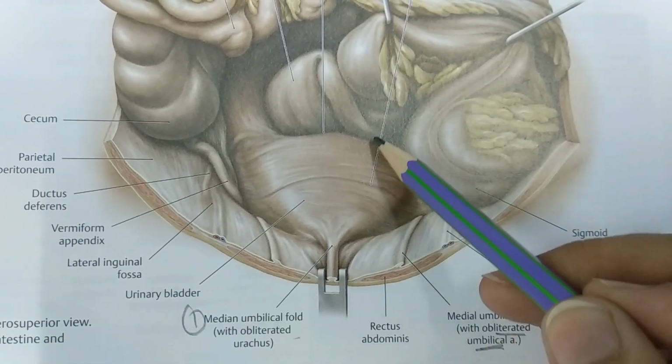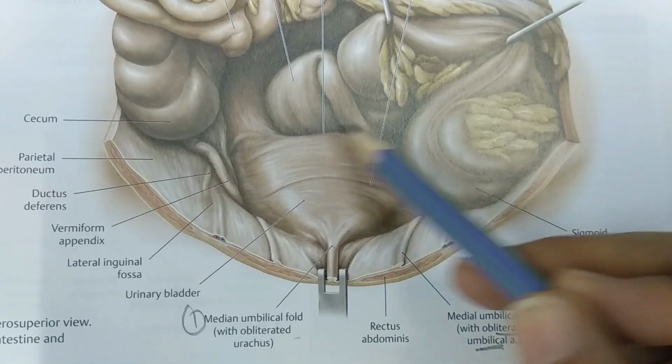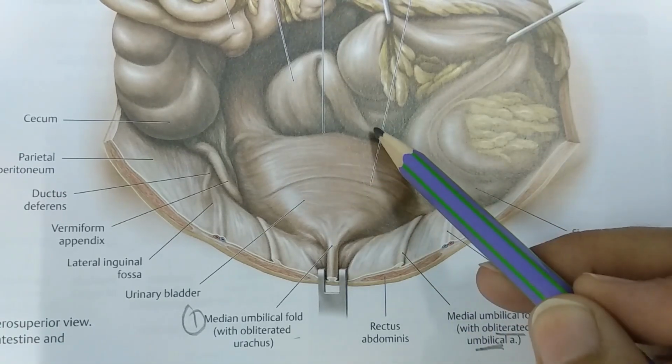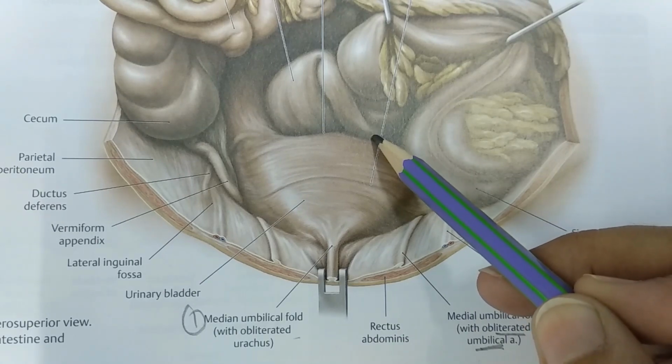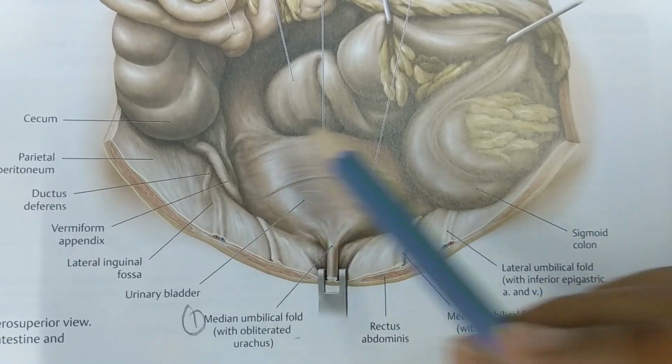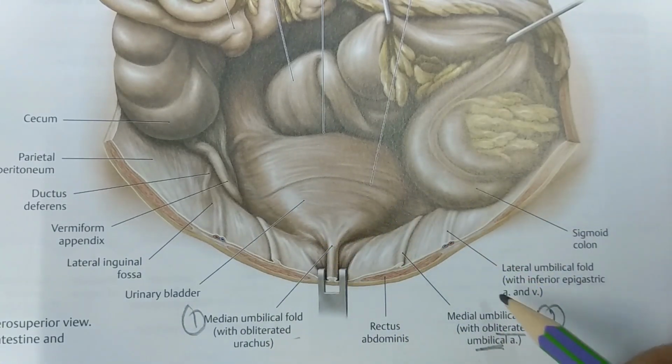We can't show it here now, but this is the posterior false fold, which is termed the sacrogenital fold. So these are the false ligaments of the urinary bladder.